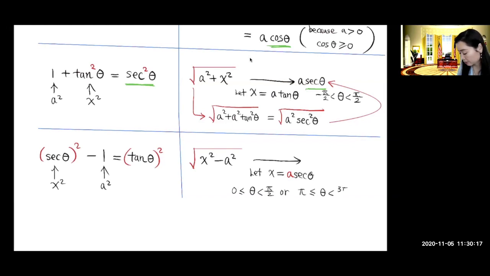So that way the x will take on every value in the domain for this function, okay? Now if I do this type of trig-sub, what do you think this is going to become? It's going to become a times what?